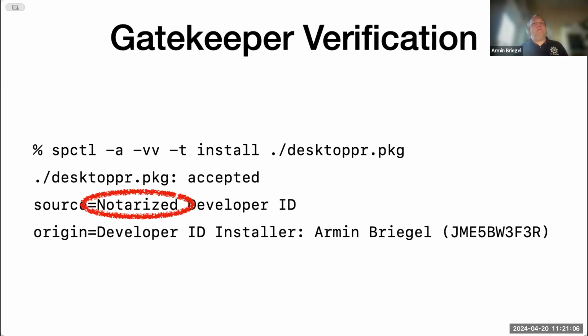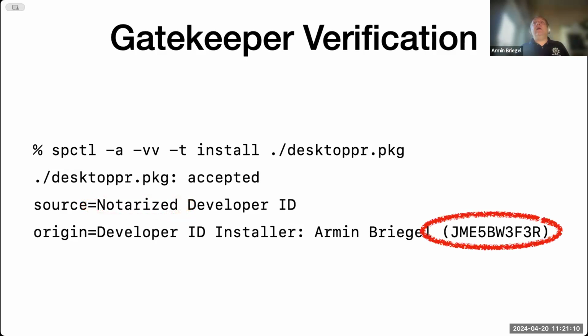Installomator will only accept apps and tools that are notarized. And it also tells me who did the notarization in the signing process. This 10-digit ID is unique to every developer certificate that Apple hands out. And that identifies that it wasn't just signed and notarized, but it was signed and notarized by my developer account. So somebody who has my private developer certificate, and I really hope that's only me.